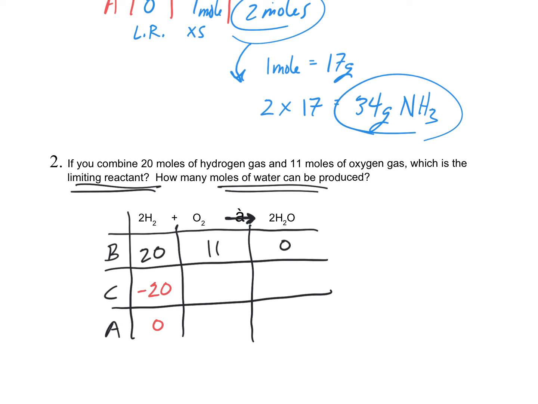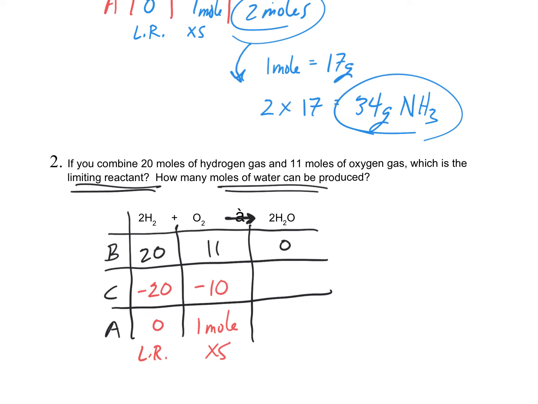And if I was to use up all of that hydrogen, I would use 10 oxygen because that's a 2-to-1 ratio, and I would end up with 1 mole excess in the end. Okay, so I'm going to end up with extra oxygen, and hydrogen is my limiting reactant.